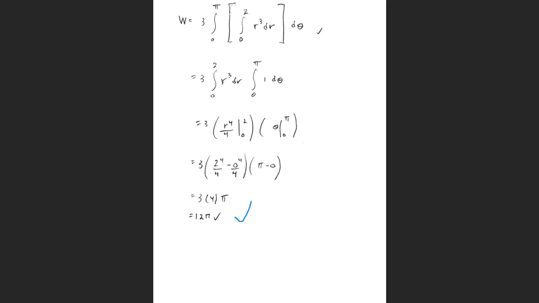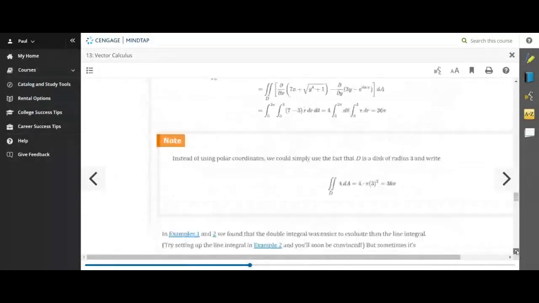unions of simple regions. So for instance, if I go to the ebook here, go down a little bit here.